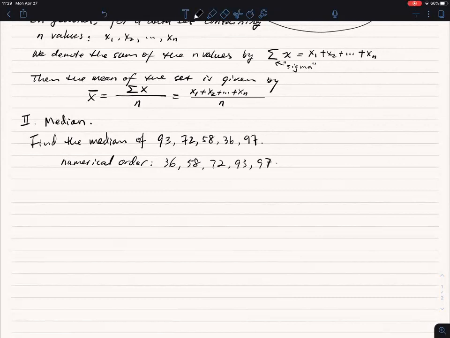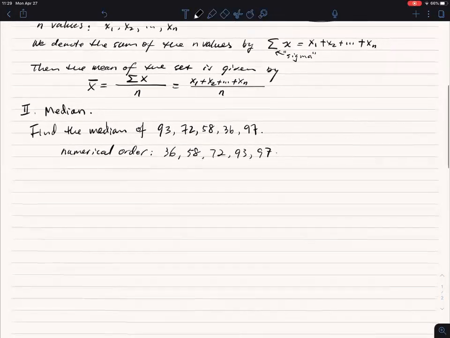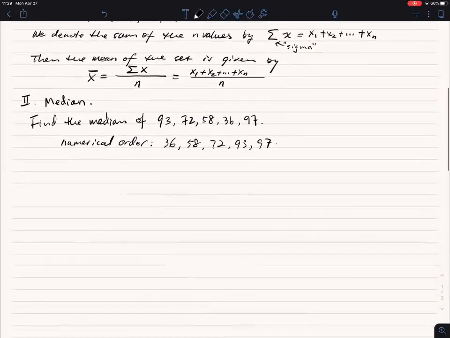This is in numerical order. Then what do we see? We see that there are 5 values, right? Now who's in the middle? 72 is right in the middle. So this is the median. Right, there's just a single number in the middle.